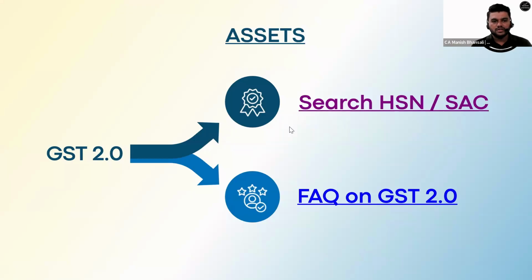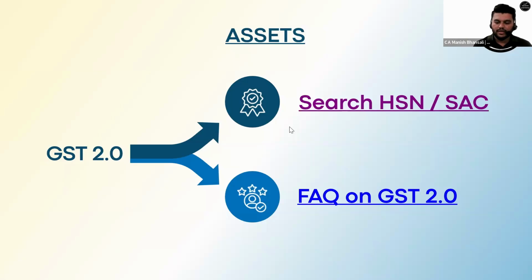This option is there under the services tab, user services, search HSN code. Here you can also download the HSN directory and find the HSN codes. A lot of our clients are still getting confused about what the HSN code and description of an item should be. You can give them this link so that they can find out at their end which category their goods fit in, so that the classification is taken care of by them. This is one of the assets which I wanted to show.